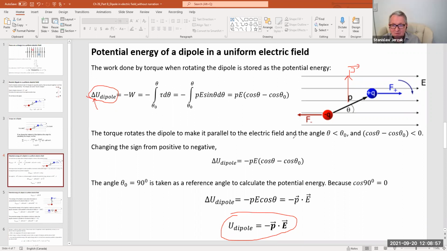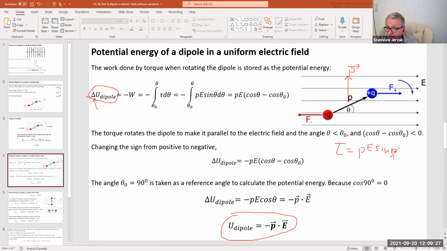Yeah, I explained that too quickly. Remember, the torque acting on the dipole is equal to the dipole moment P times the electric field times the sine of the angle, right? When the torque is acting, the angle theta is decreasing because the torque is trying to align the dipole to be parallel or anti-parallel to the electric field.